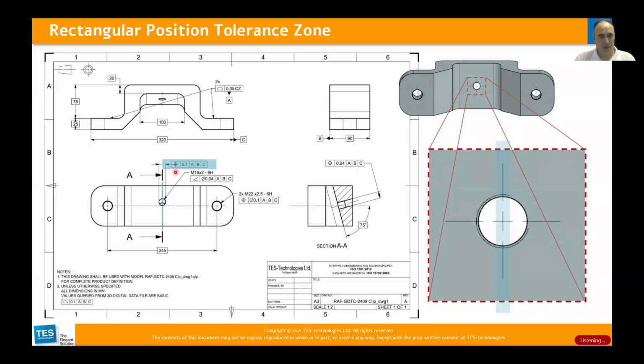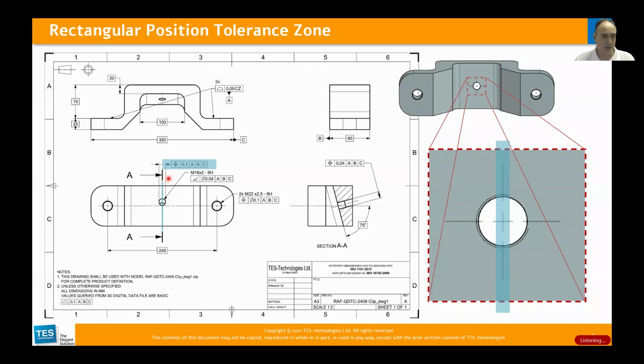The first specification is that the position of the thread's pitch diameter axis needs to be within 0.1. Note there's no cylindrical sign ahead of the tolerance zone. And in this case, the tolerance zone shape and orientation is taken from the dimension lines.